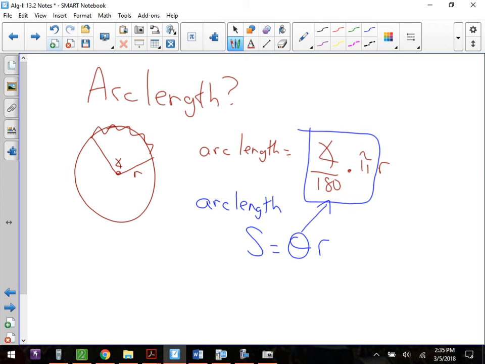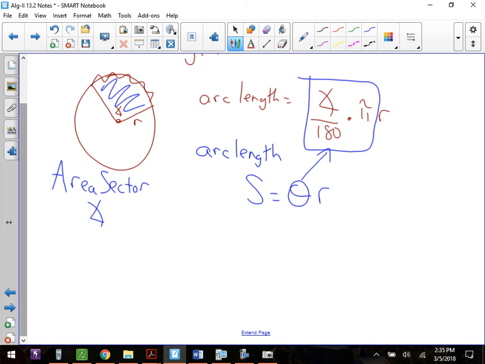Same thing goes for when you had to find sector. Remember the area of the sector? You had the area of the sector dependent upon your angle. So it was your angle over 360 times pi r squared. It sounds about right. But now they changed the area of the sector one up, and I'm going to screw this up.